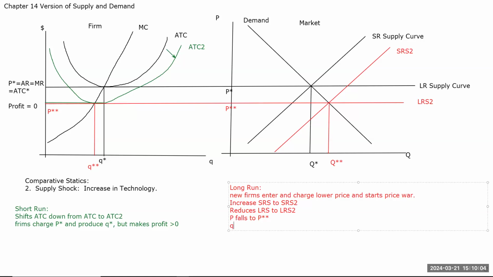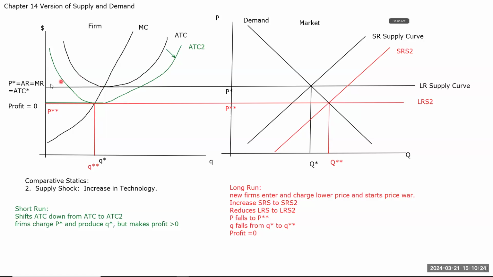Oh, the quantity that is produced by the firms falls from q star to q double star. And profit is again equal to 0. So I think that is everything.